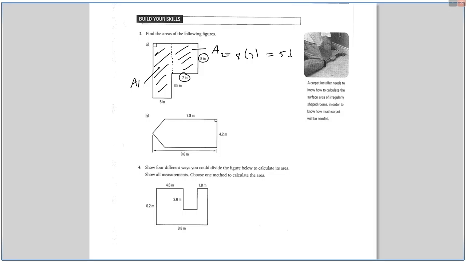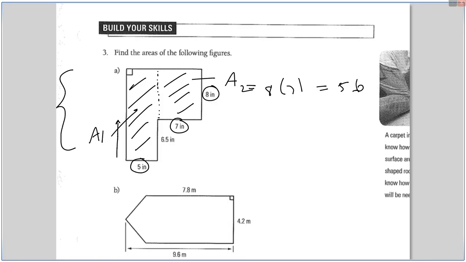And area 1 is going to be a little bit more challenging. Area 1 is going to be harder because yes, we can use this 5, but what is the longer length there? So you'll have to realize that you're going to break it into two parts and then add it up.